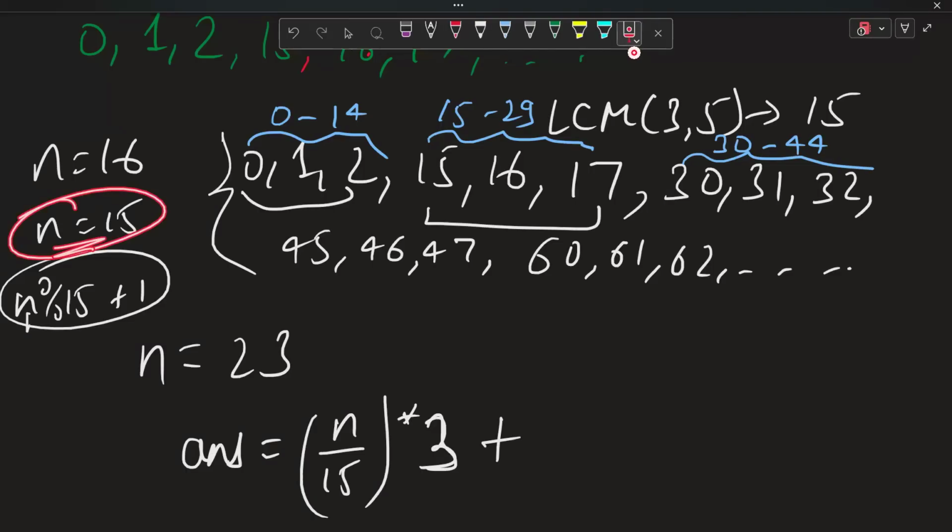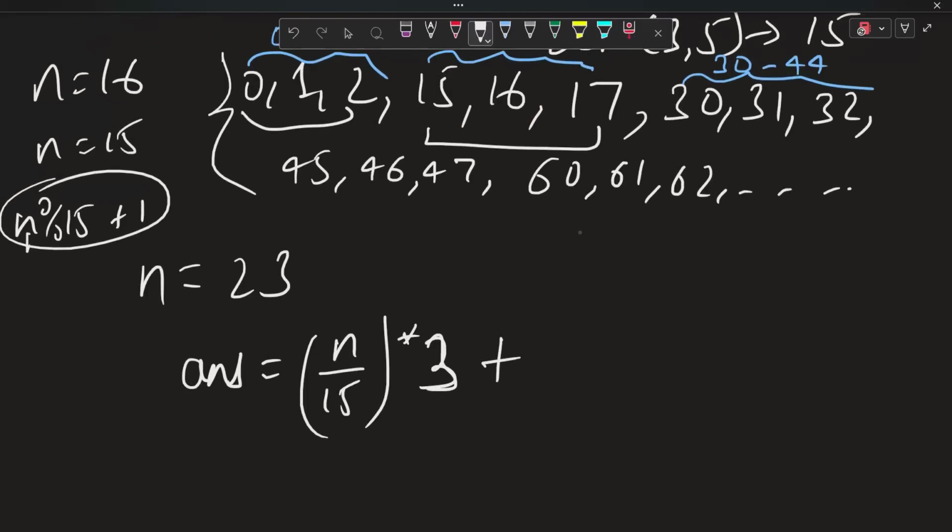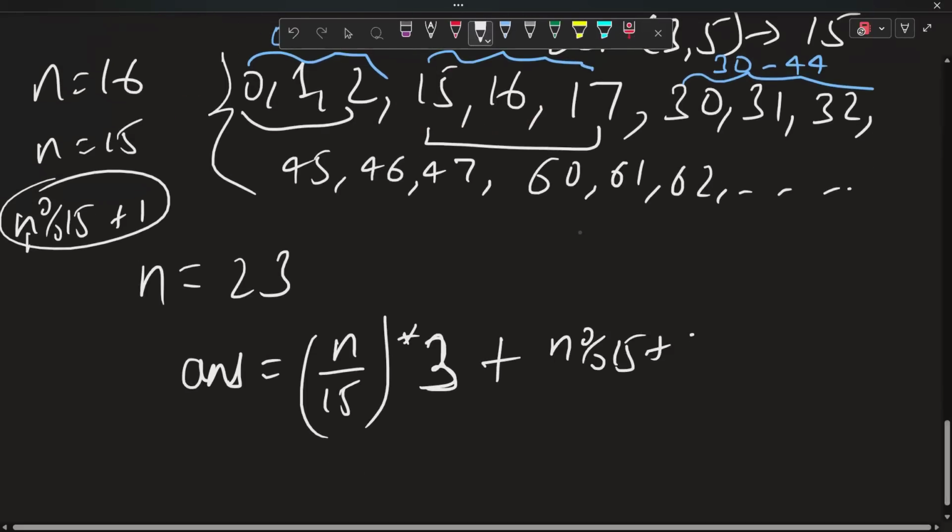If n was 15, n modulo 15 is 0, plus 1 gives 1, so only one number is there in the current block. If n was 16, then n modulo 15 plus 1 would give you 2, so there are two numbers in the block. So you can say plus n modulo 15 plus 1.